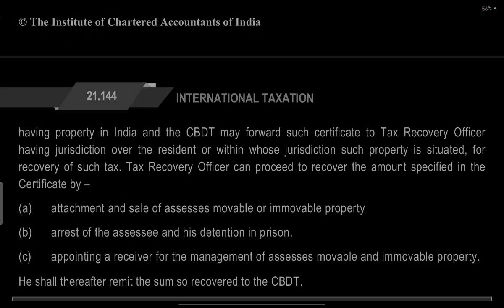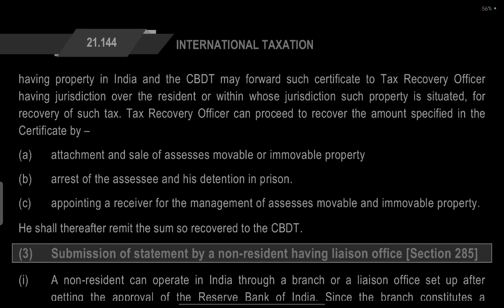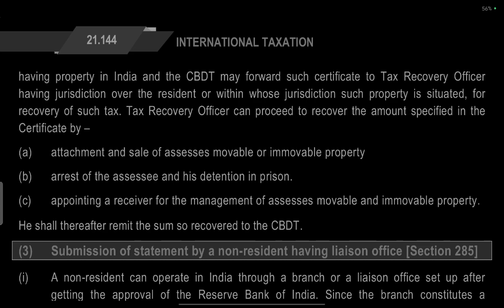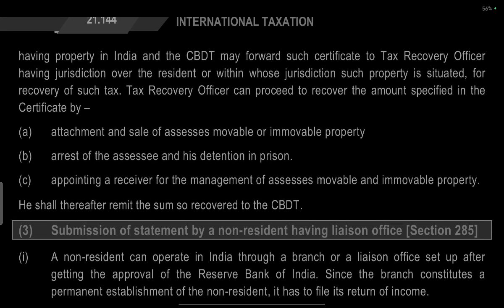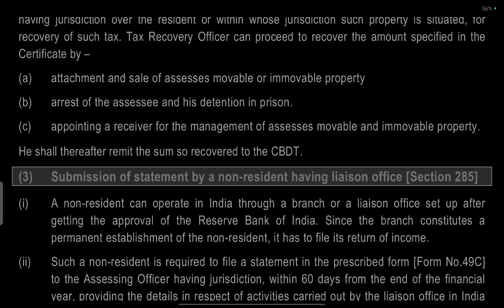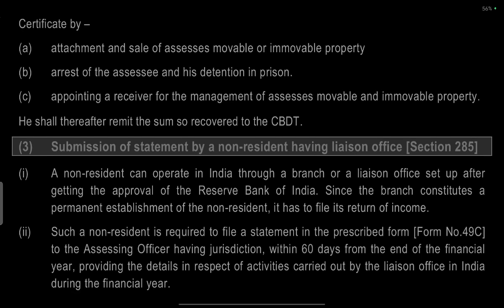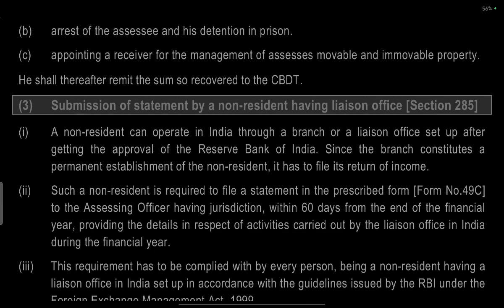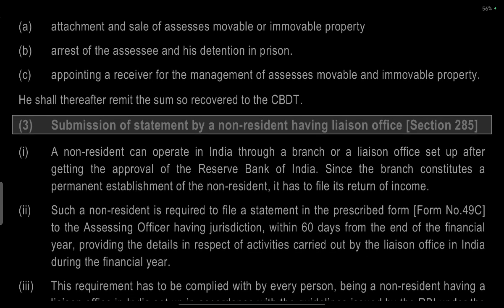The CBDT may forward such a certificate to the tax recovery officer having jurisdiction over the area where such property is situated, for the recovery of such tax. The tax recovery officer can proceed to recover the amount specified in the certificate by attachment and sale of the assessee's movable property, arrest and detention of the assessee, and appointment of a receiver for the management of the movable property, and remit such amount to the CBDT.